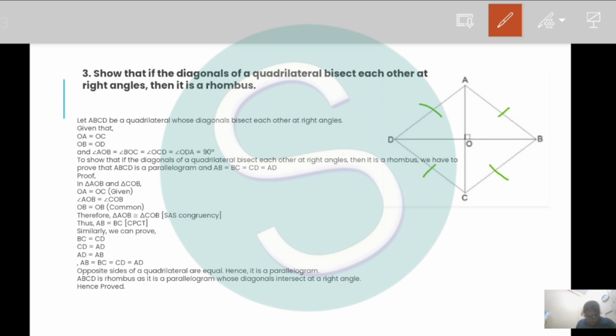So by repeating the same congruency rules, we can prove that AB equals to BC equals to CD equals to AD. Hence, if opposite sides of a quadrilateral are equal, then it is a parallelogram. So ABCD is a rhombus because it is a parallelogram whose diagonals intersect each other at 90 degree. Hence, ABCD is a rhombus.